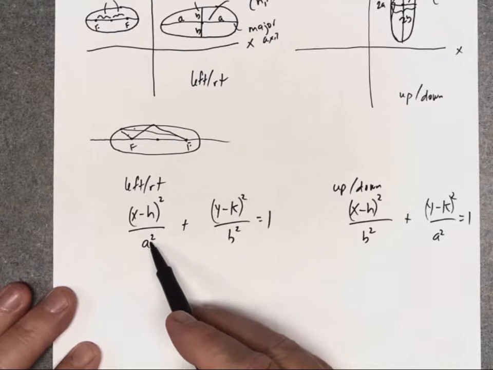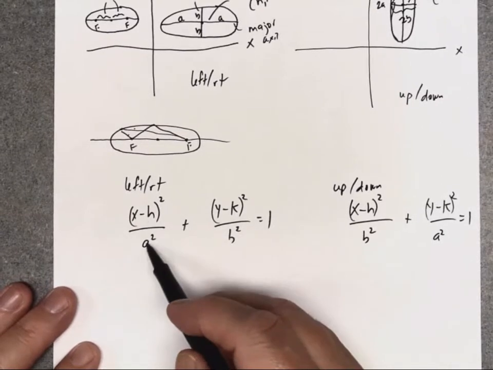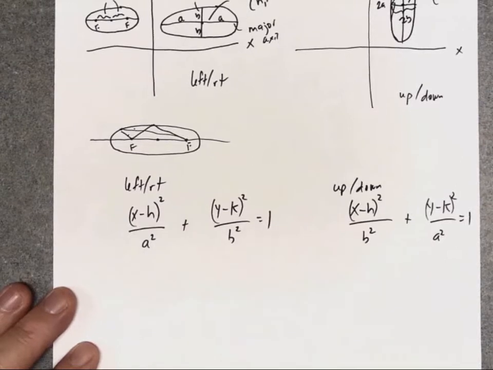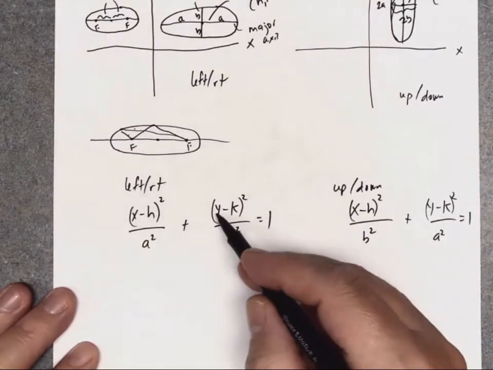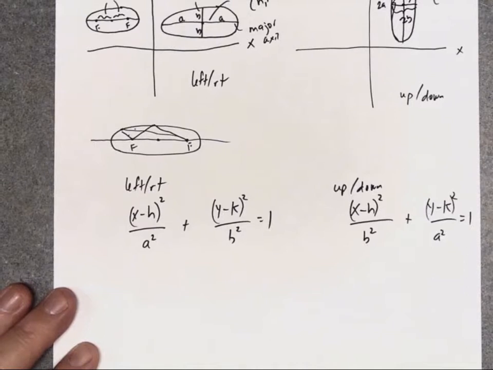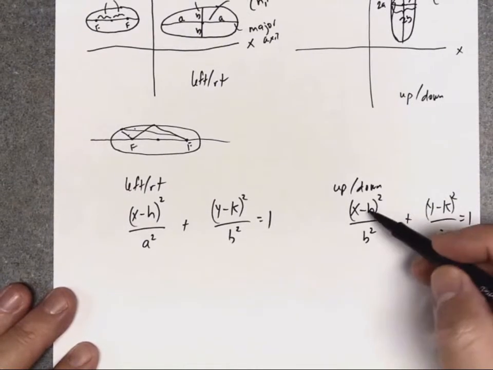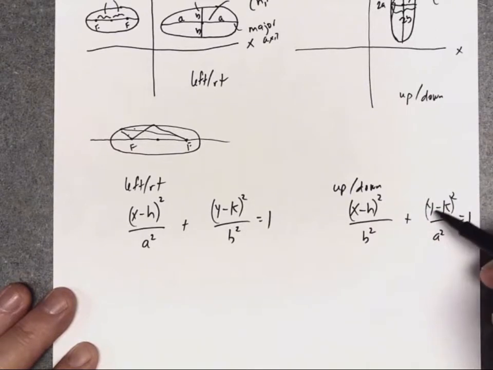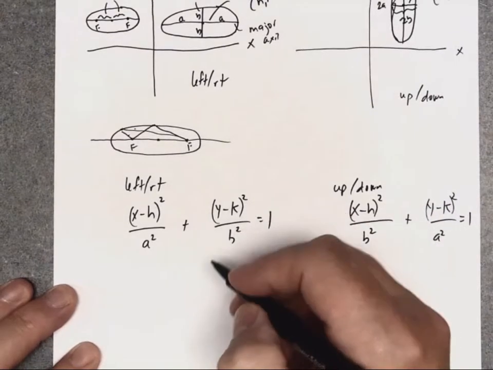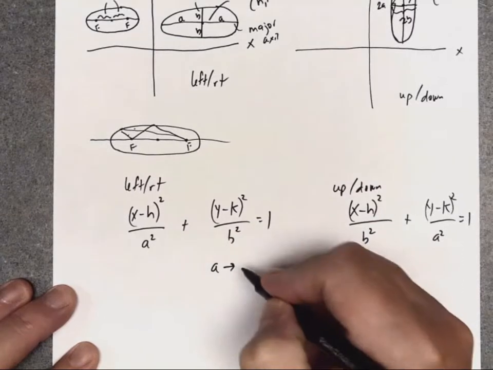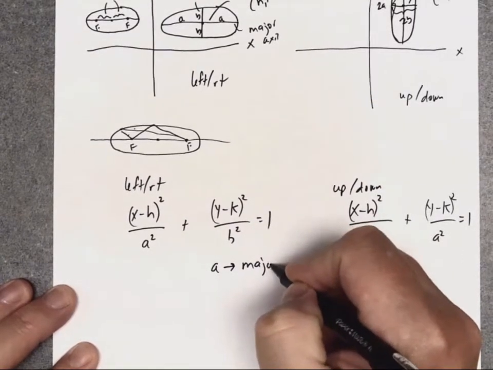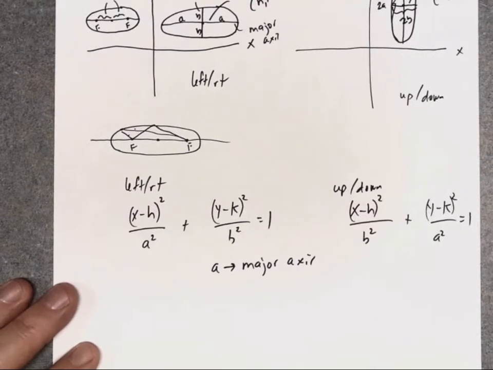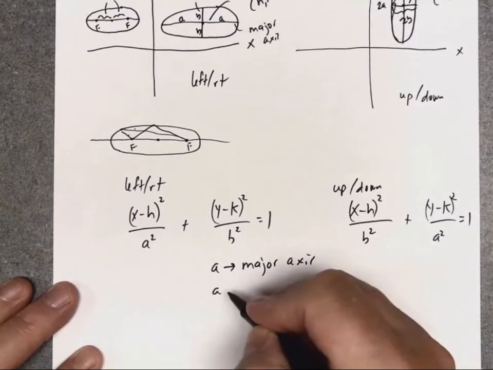Notice in this first one, for the left and right ellipse, the a squared is underneath the parenthesis with the x, and the b squared is grouped with the y. When I get over here, instead the x parenthesis is with the b and the y is with the a. Now notice the a has to do with the major axis.